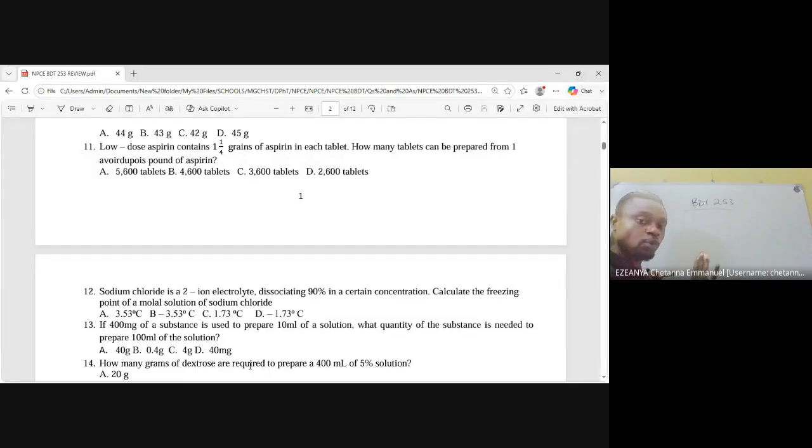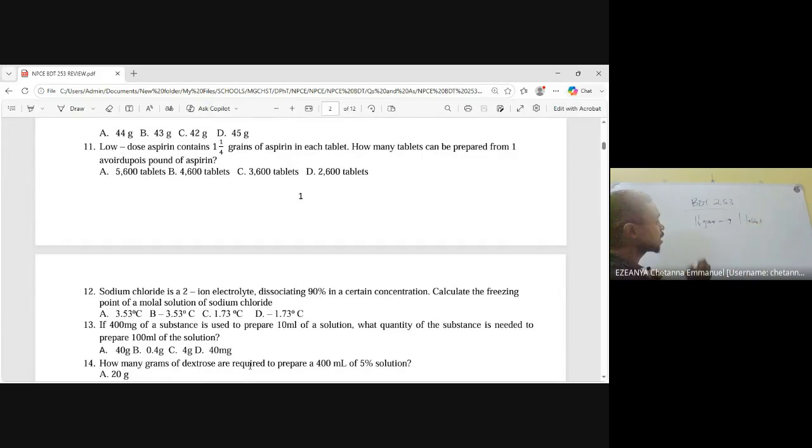What we need to find out is how many grains are in one avoirdupois pound, which is 7,000 grains, and 1 1/4 grains is in one tablet.